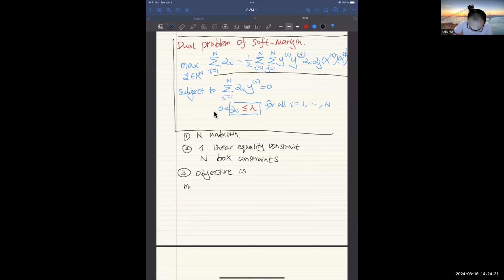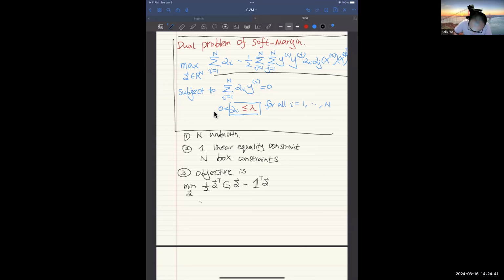It's minimization over alpha of 1/2 alpha transpose G alpha minus a column of 1's transpose of alpha.